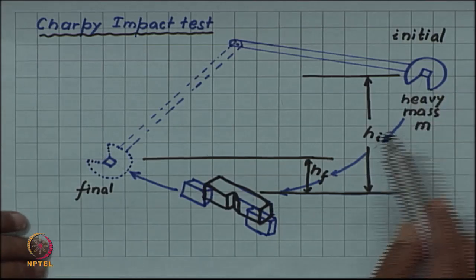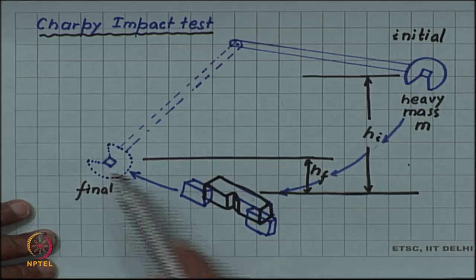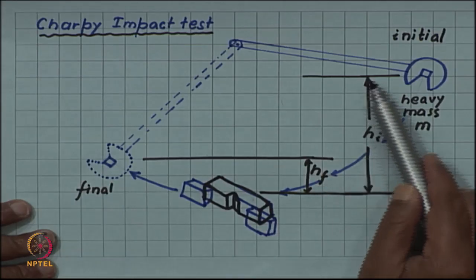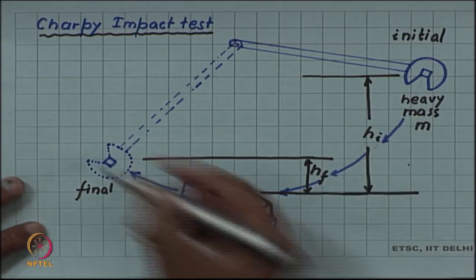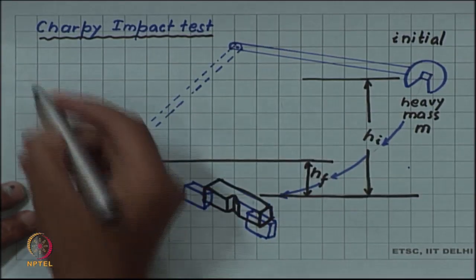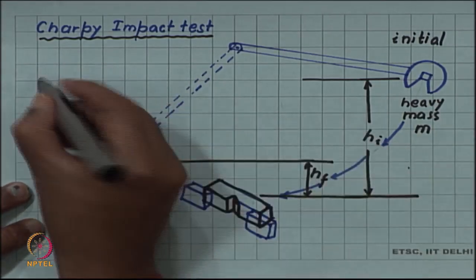So, this means that now, since it is rising up to a much lower height h f, there is a difference in the initial potential energy and the final potential energy. So, let us write that difference in energy, that is what is called the impact energy.